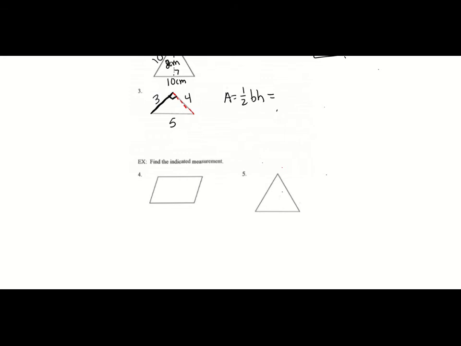So if you're having a hard time seeing that, turn your paper so you can see that right angle and see the base and the height. We can plug those numbers in. 1/2 times 3 times 4 is going to give me 6, and they're centimeters here. Centimeters squared.